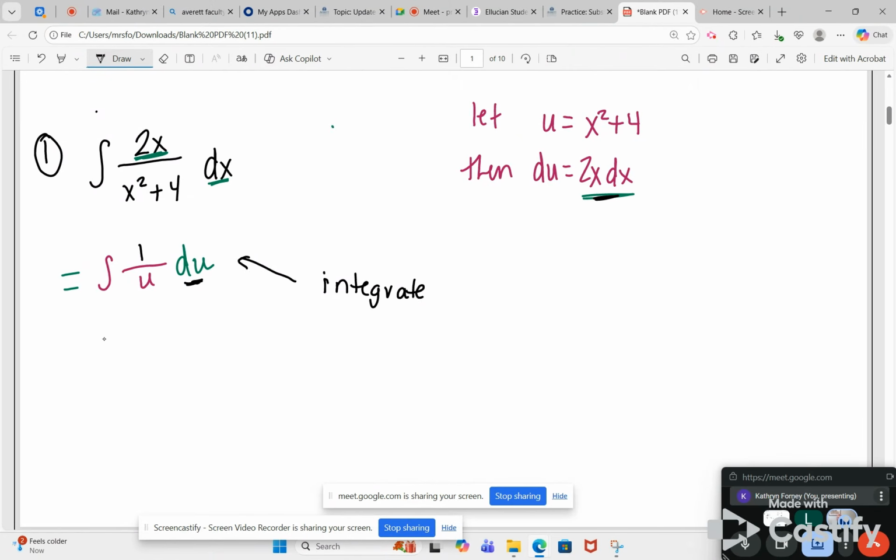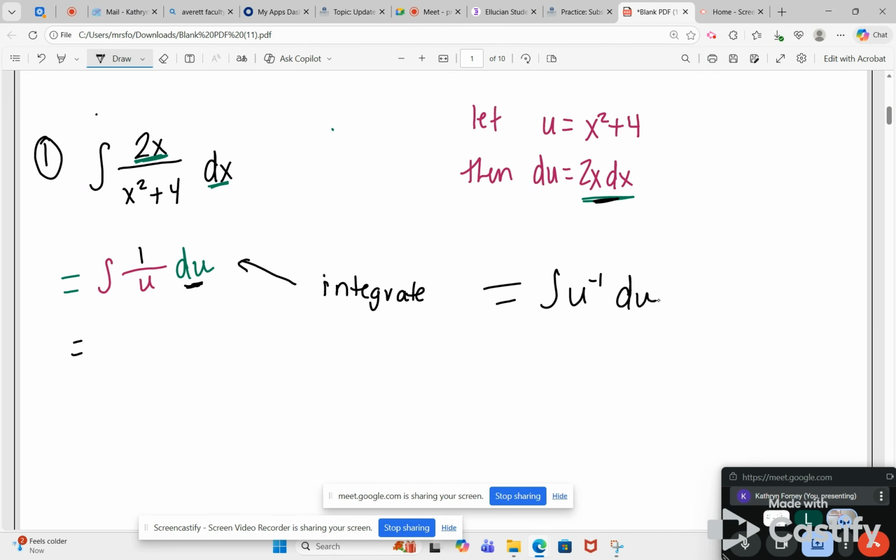Sorry. So we integrate. Now, the antiderivative of 1 over u, we talked about that, it was one of them that we wrote down. That's the same as u to the negative 1 du. But if I try to increase the exponent, that's going to become 0, divided by 0, and you can't do that.